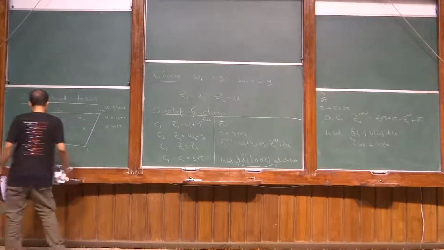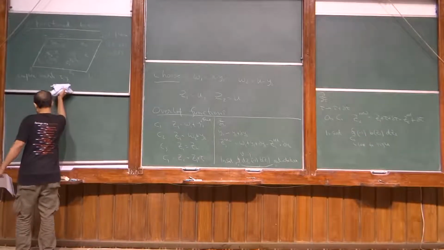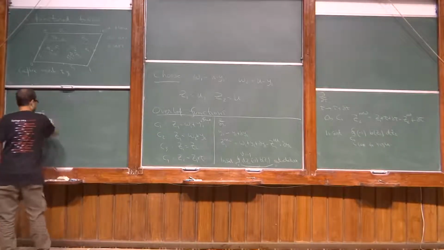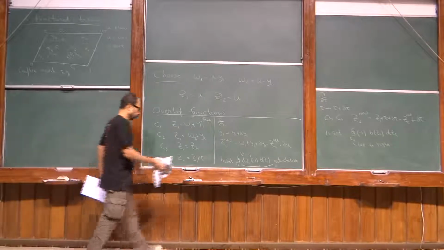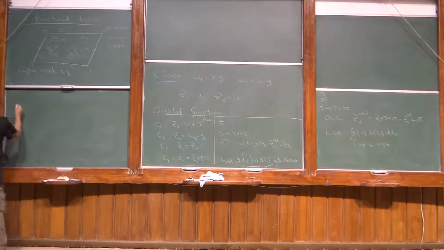So with this we can write down the result for the two-point function on the torus. So you have minus 2 pi i to the minus 2. Okay, to calculate that factor, right?